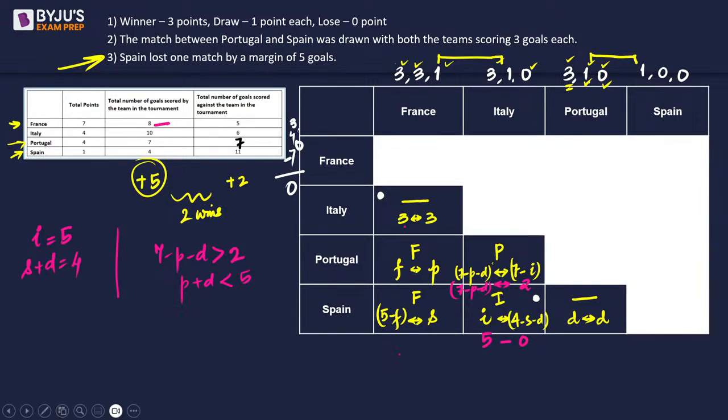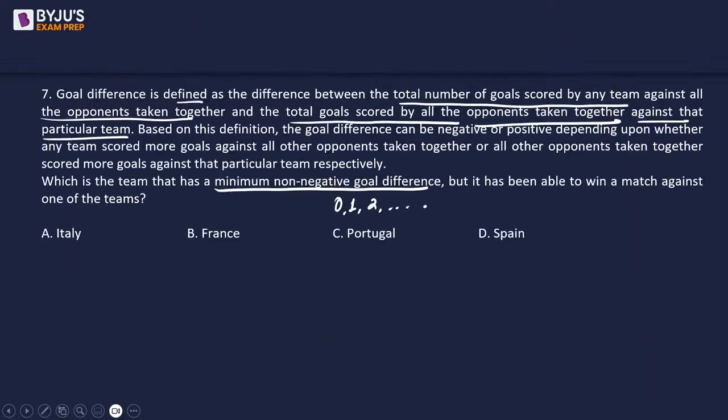So the sum of the goal differences calculated with positive and negative sign should always add up to give us 0. So can we say Portugal has the minimum non-negative goal difference? 0 है Portugal का भाई साहब. So C is going to be the answer. And Portugal was able to secure a win, right? Because Portugal का 4 points था and that came from 3-1-0.